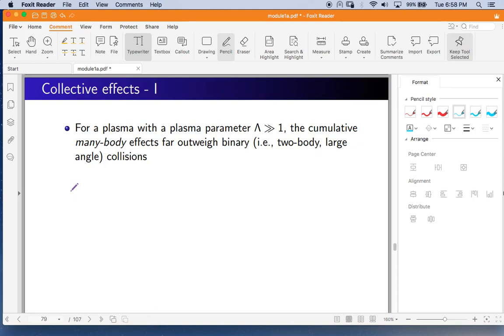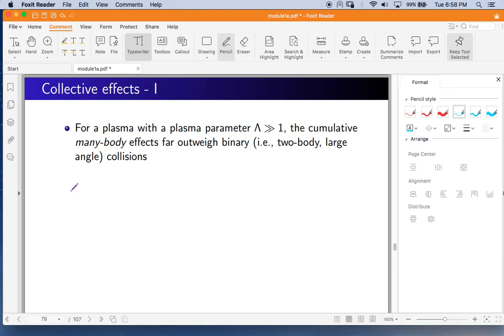So this brings us to our discussion of collective effects. Remember, in the very beginning we made the statement that a plasma is one where collective effects really matter.